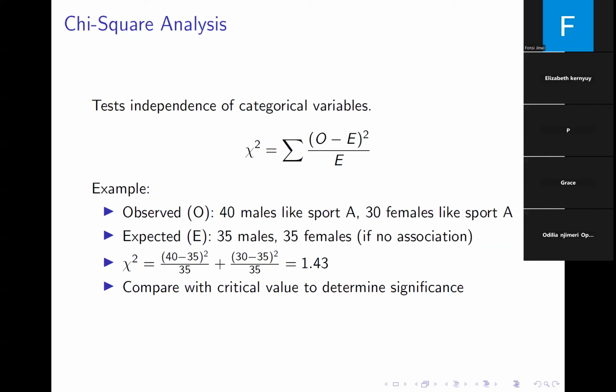If you were going to organize a party, maybe you live in a place where most people are vegetarian, so your expected value between vegetarian and non-vegetarian, you would say that most people would be vegetarian, so you put a higher expected value for vegetarian, maybe 75%, and then maybe 25% would be non-vegetarian.